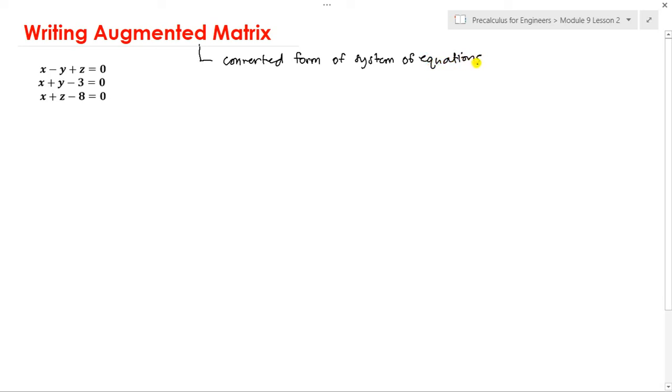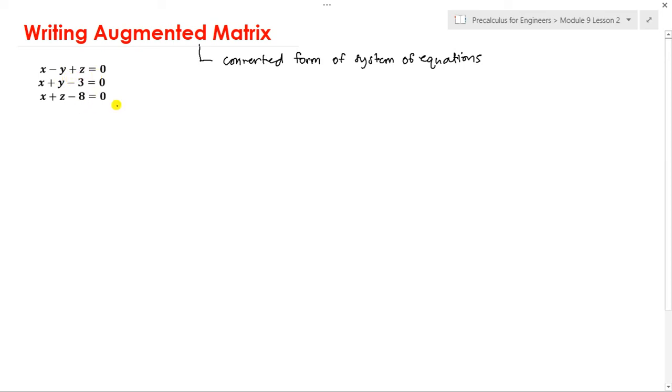Meaning kani atong system of equations, let's say kani siya nga ako'y given ari. So kung imo na siya i-convert into matrix nga form, tawagan niya is augmented matrix. And then in the augmented matrix, dapat ma-represent nimo tanang elements nga naa sa atong equations.